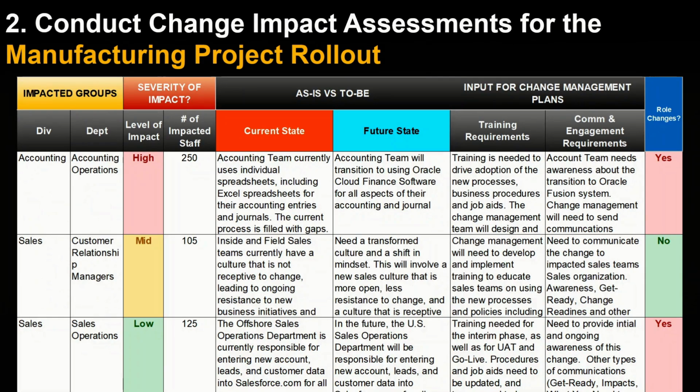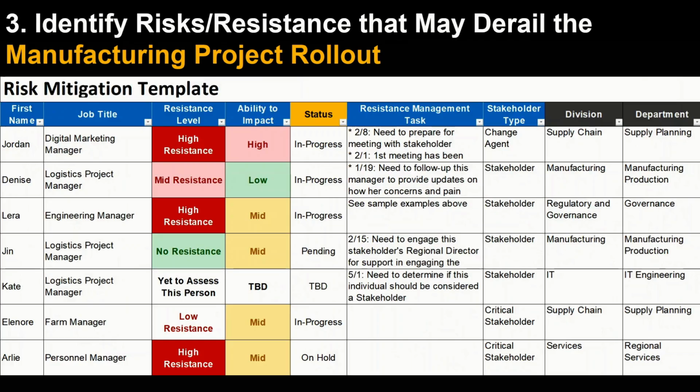And you can conduct this change impact assessment using the free template that I am currently sharing on my screen, which I will share with you at the end of this video. To gather your manufacturing project change impact assessment, you will want to meet with business analysts and the project team, as well as meet with functional leads and anyone mapping the process flows.